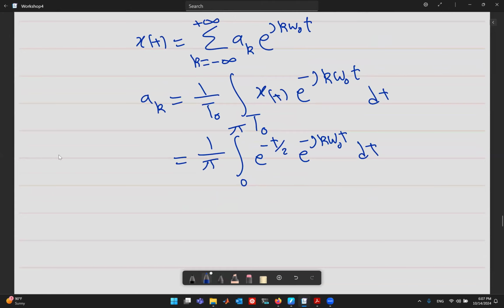But if omega naught is something like pi times something, then at one point you'll get exponential j omega naught k, let's say. And if you put pi here, then you can simplify this term, right?